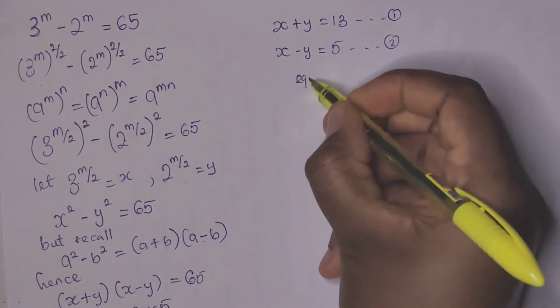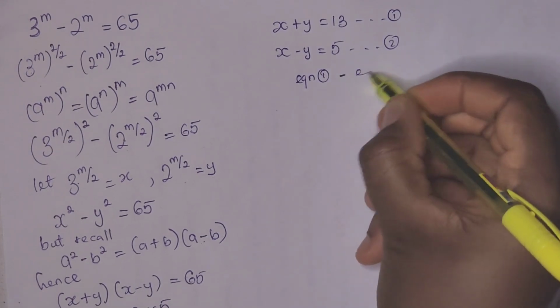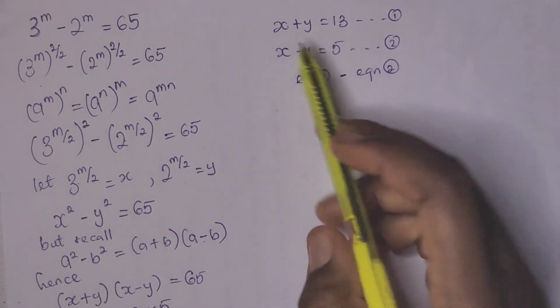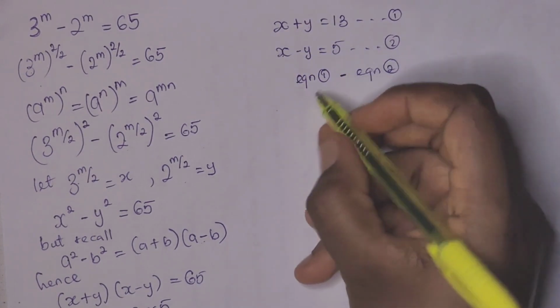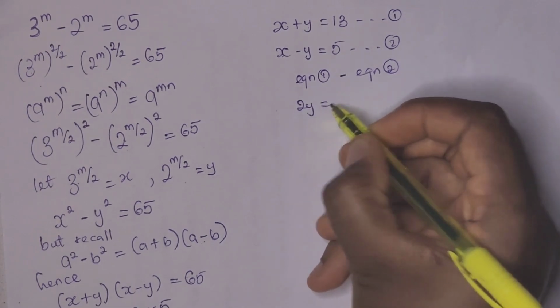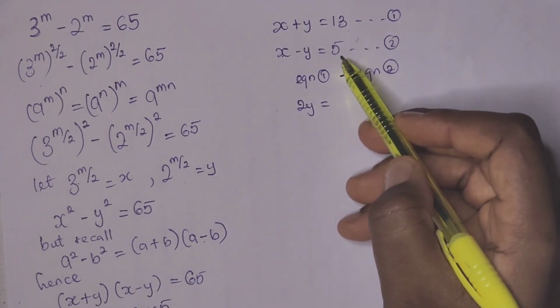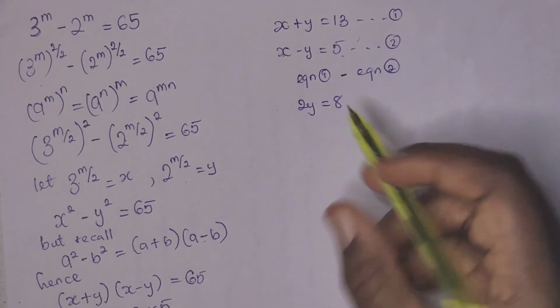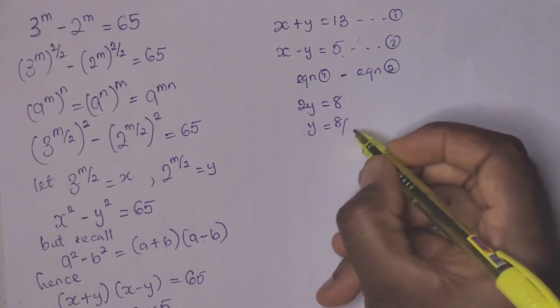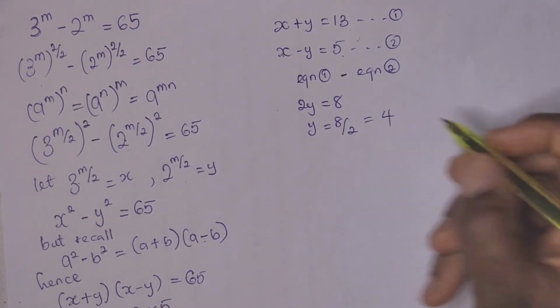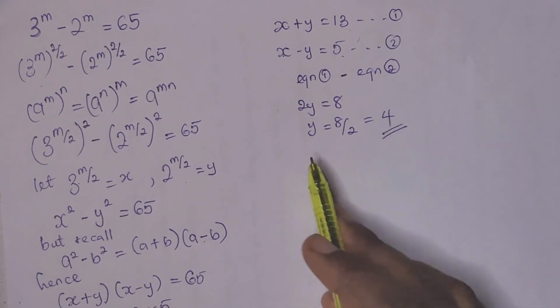So we have equation 1 minus equation 2. X minus x is 0. Y minus minus y, that's 2y, equal to 13 minus 5 is 8. We have 2y equal to 8, which is the same as y equal to 8 over 2, equal to 4. So our y is 4.